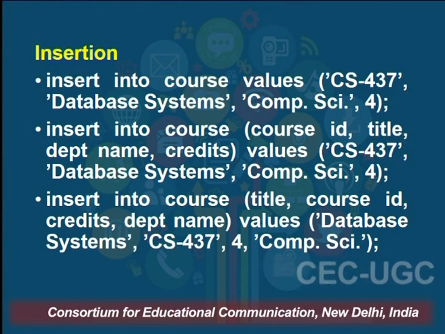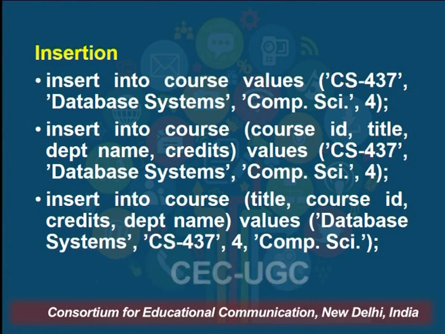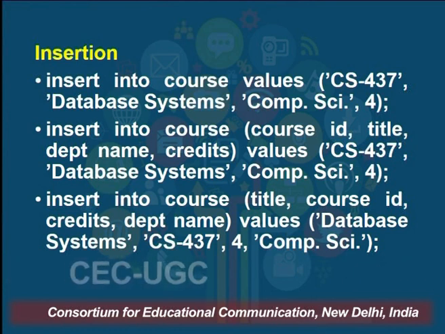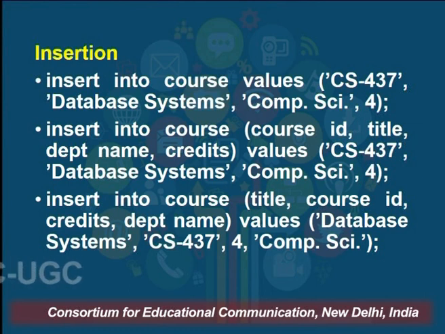Now here please be careful that I have not used any attribute name to say that this attribute is going to take this particular value. The sequence will be followed, that is, CS437 will go in the first attribute, which is the course ID, then database systems will go in the second attribute, which is the title, then the department name takes the value computer science, and the credits will have the value 4.